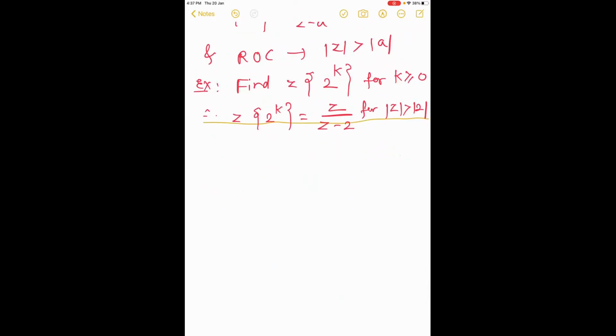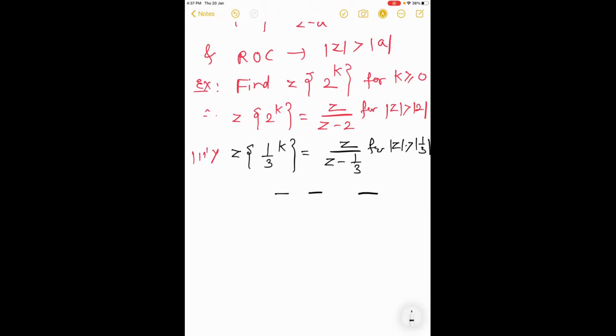Similarly, if it is the z transform of 1 upon 3 raised to k, suppose, you put the answer as z upon z minus 1 by 3 for mod z greater than 1 by 3, and like that. So just remember the answer for F of z, that is z upon z minus a.